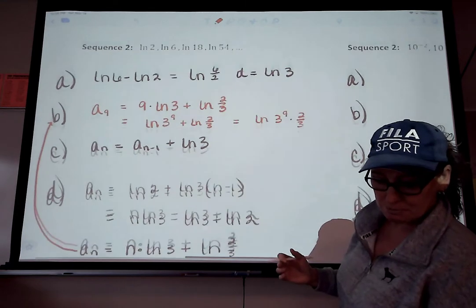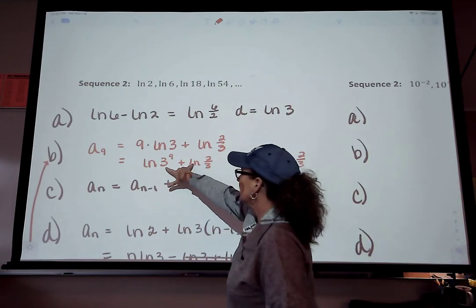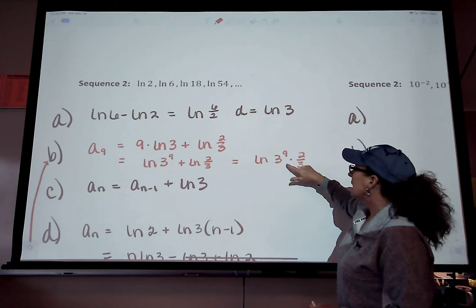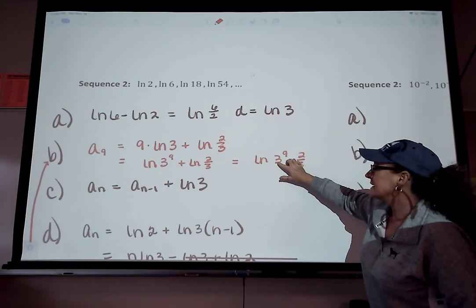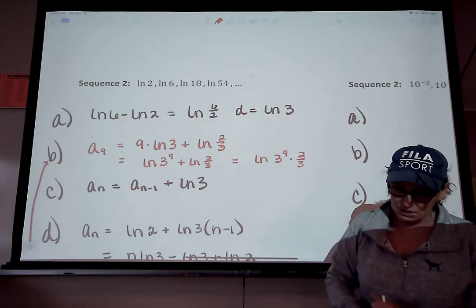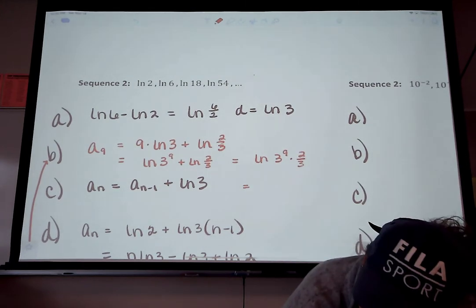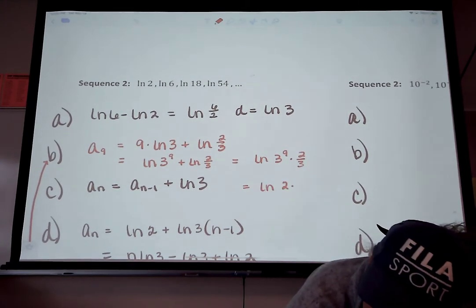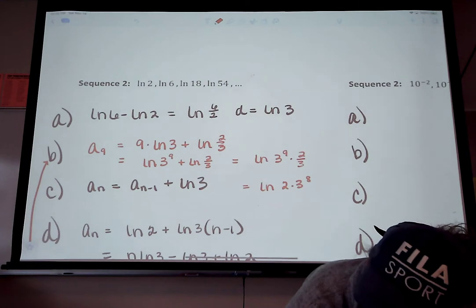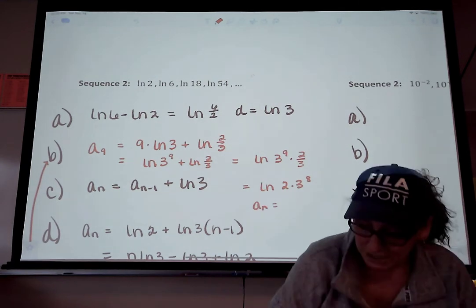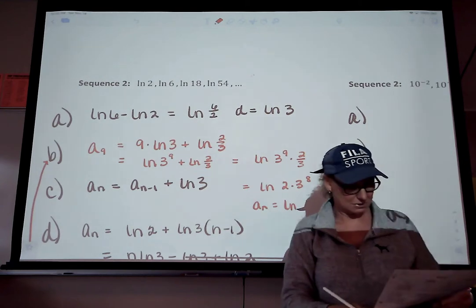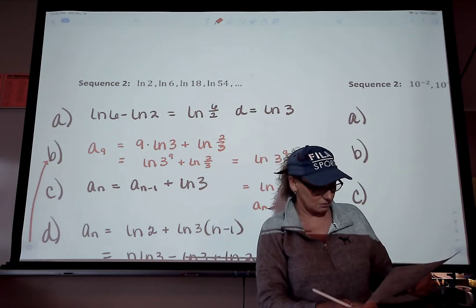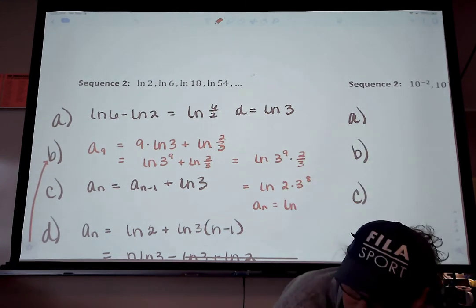Condense with multiplication. So condense these two, multiply together, and one of these 3's cancels out with this 3. So I have ln 2 times 3 to the 8th, or if I multiplied it out, I could say ln of, what did I get? 13,122.